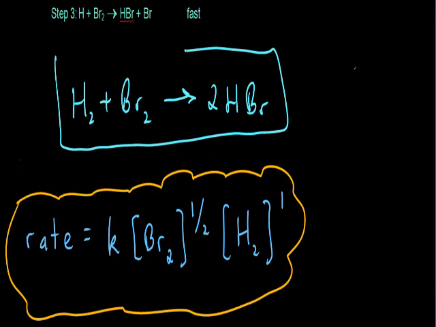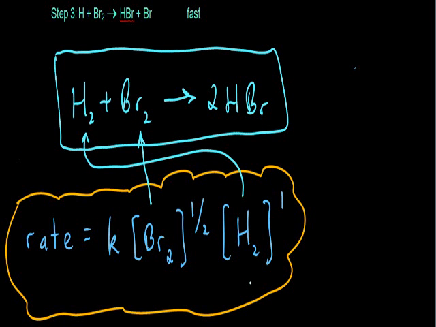Examining the balanced equation for our overall reaction, we can see that the Br2 appears in this balanced equation, so the Br2 would not be a reaction intermediate. And we also have the H2 that's in our preliminary rate law expression that appears in the balanced equation. So the H2 is also not a reaction intermediate.